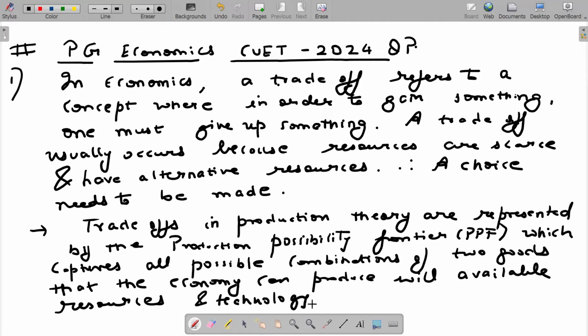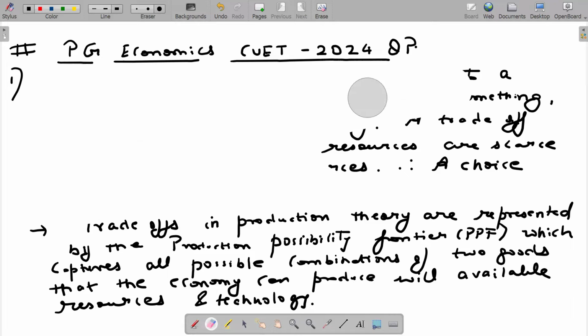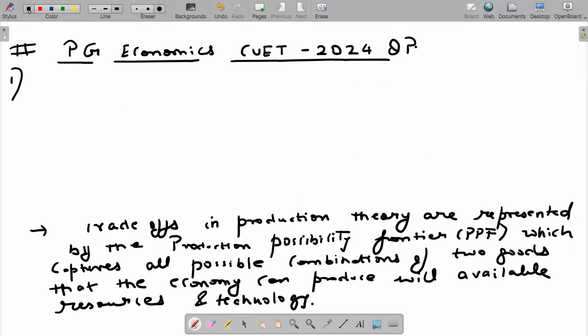Okay, and now I can also erase the initial part and I can write a short note on what represents a point inside the PPF and a point outside the PPF.